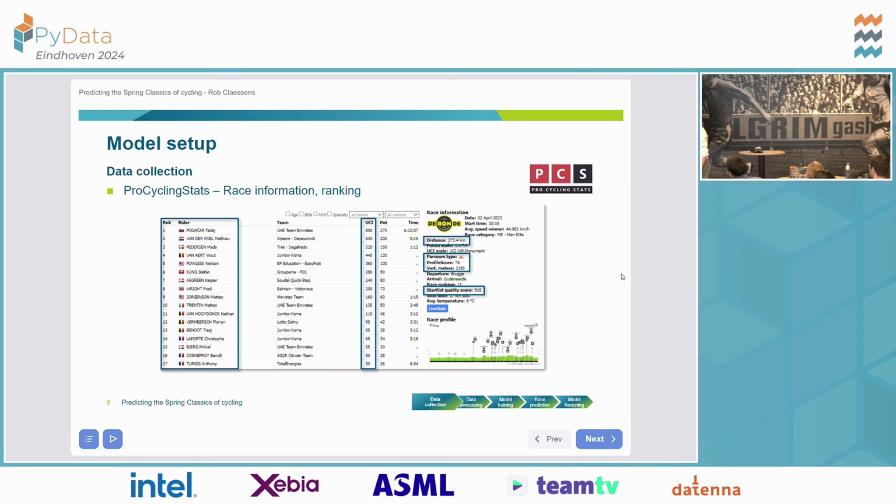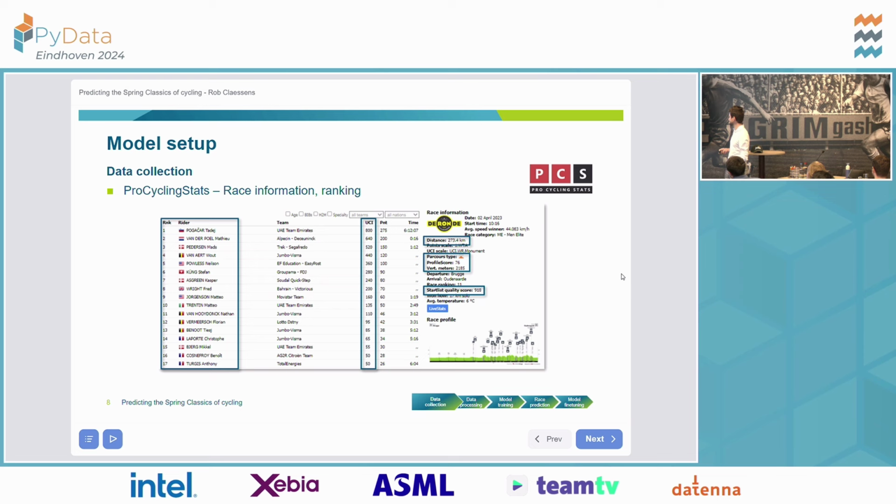And at the right, you see some race characteristics, which are probably not readable, but the top one is the distance of the race, and then there are a few characteristics that say something about the difficulty of the race. That's the amount of vertical meters that needs to be climbed, and a score for that specific profile. And lastly, there is a number that is a measure for how strong the competing riders are at the start list of this race.